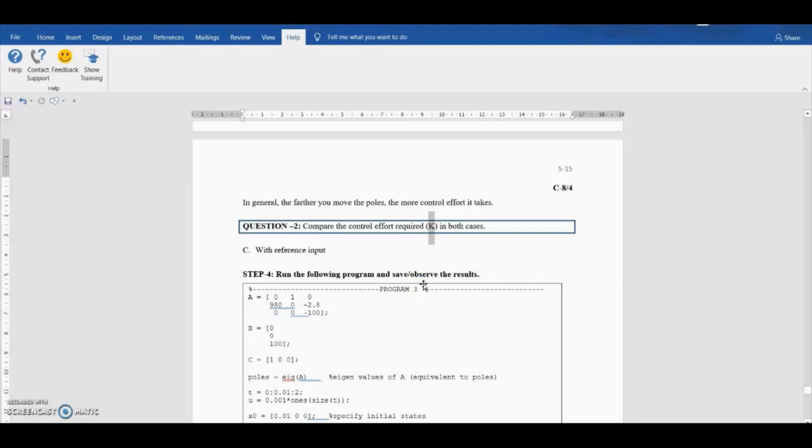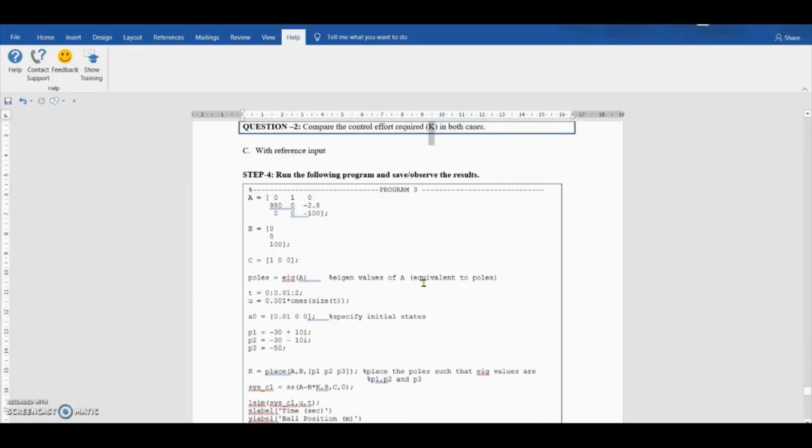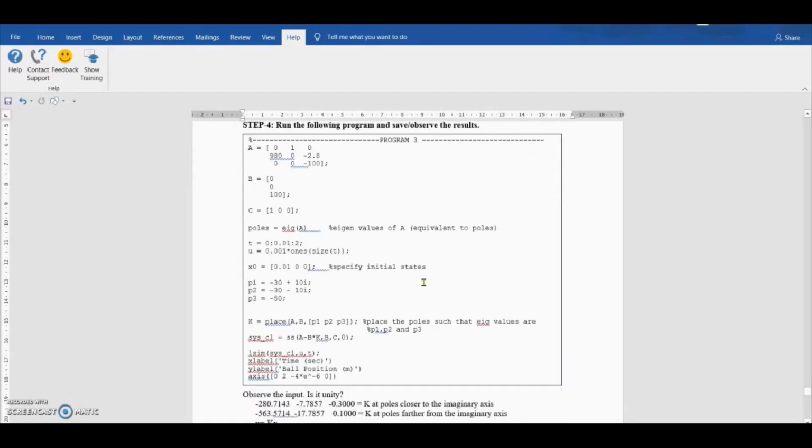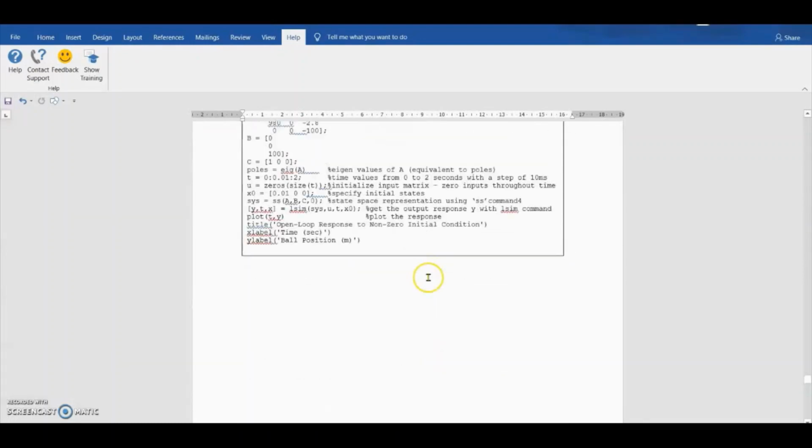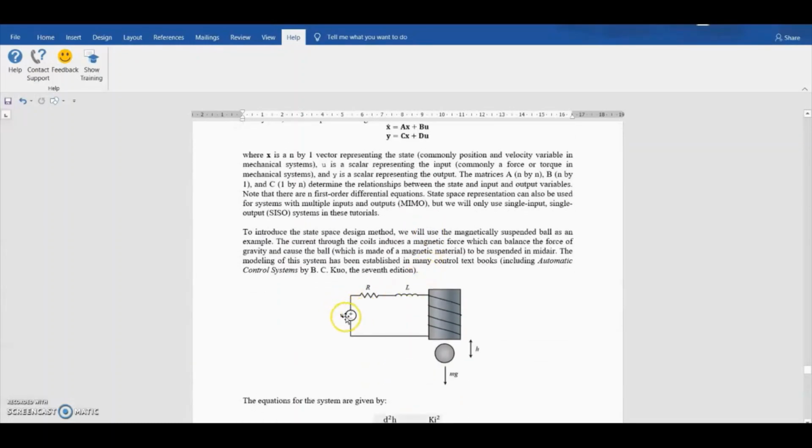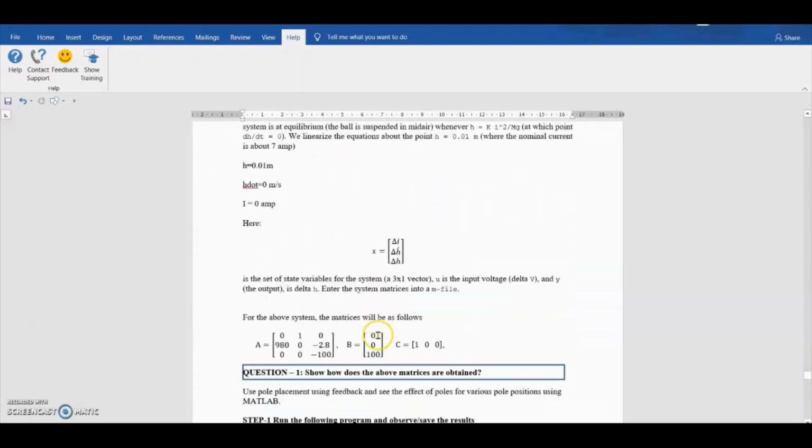If you need an amplifier which is providing higher input than before, then that amplifier might be costlier, because this V has to be variable and it should be able to provide DC input to the system according to the closed loop. So control effort is more, that means the DC amplifier which is providing DC supply to this should have a higher rating.